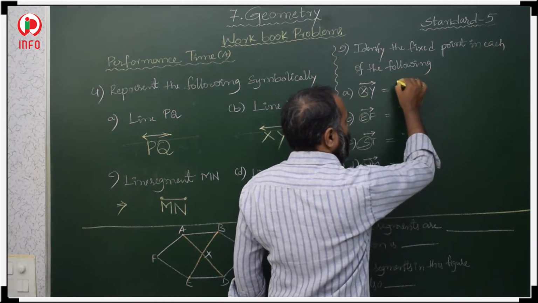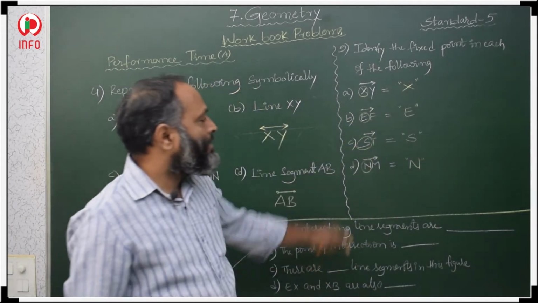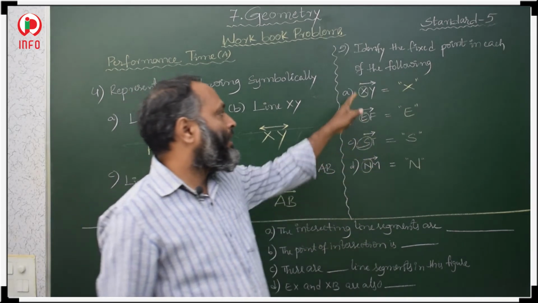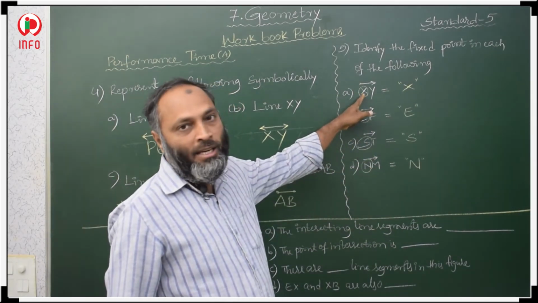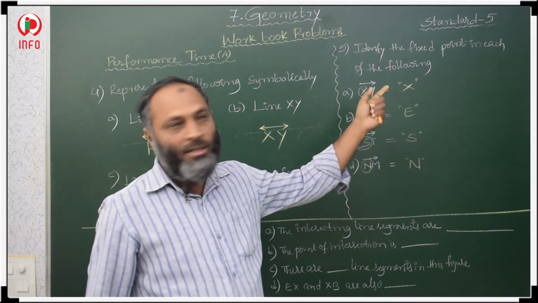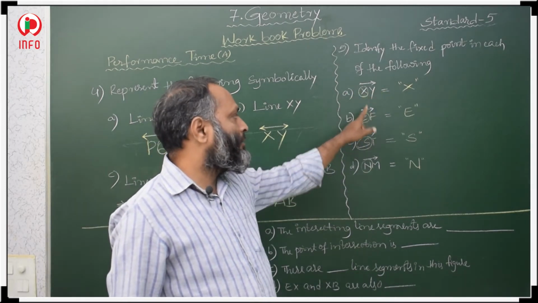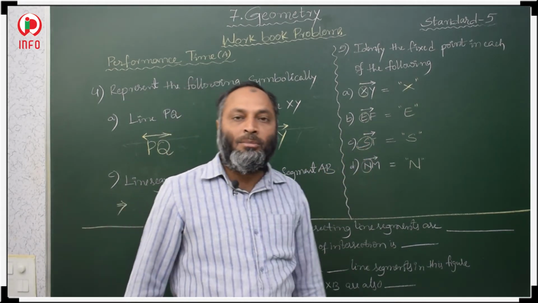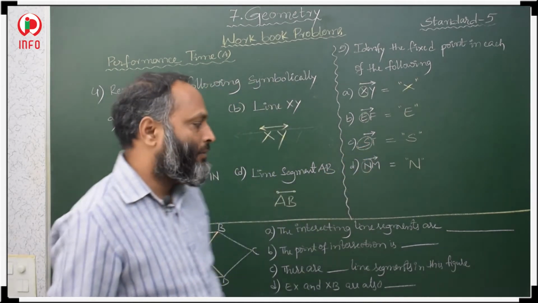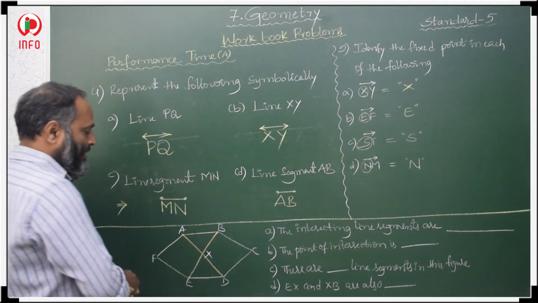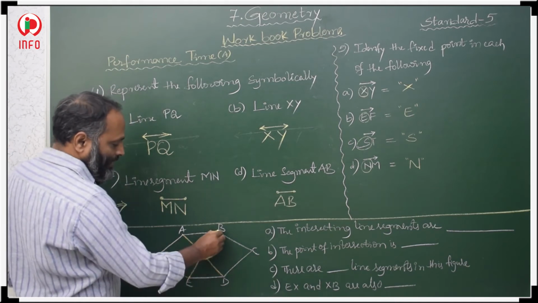So the first letter in the given ray is the initial point. So X is a fixed point, E is a fixed point, S is a fixed point, N is a fixed point, okay.